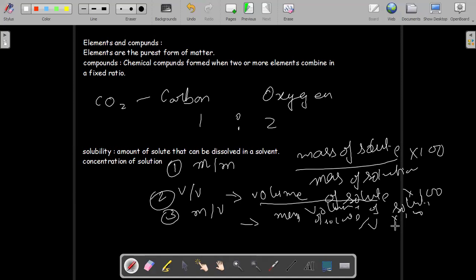One more thing, we have learned about saturated solutions. What are saturated solutions? A solution in which no more solute can be dissolved.